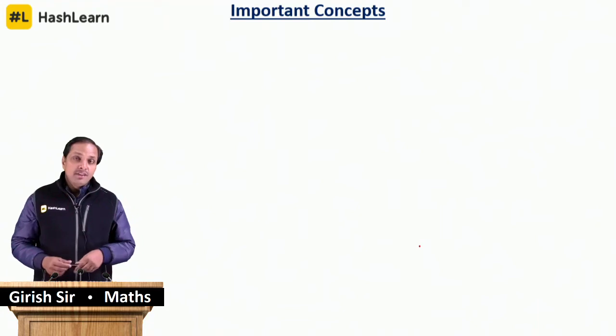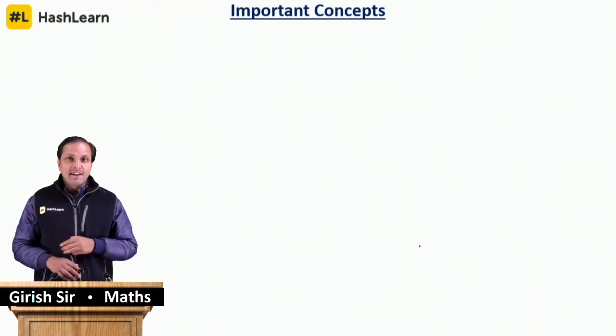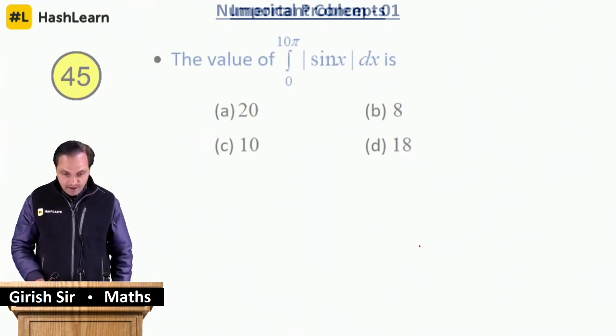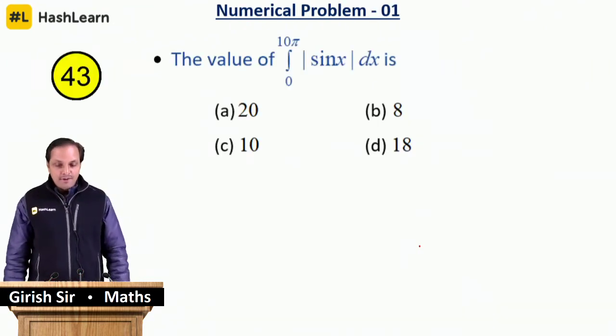So each numerical problem you will have initially 45 seconds. You can try to give the right choice A, B, C or D, and let's go to the problem here, numerical 1 for the day.